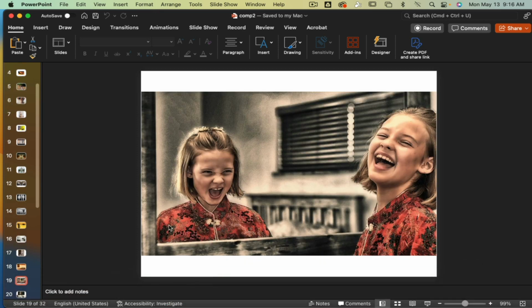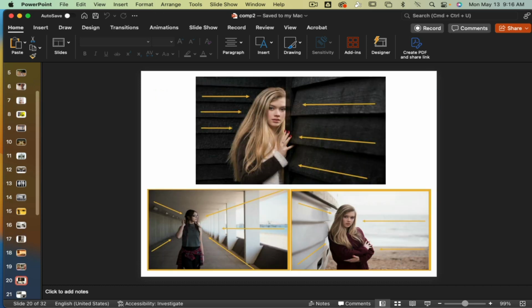Our lines on this one definitely are pointing in this direction, this one, and then up. Even right here. You can see in all of these photos the invisible arrows of where the photographer is lining up their person. And those leading lines are assisting.